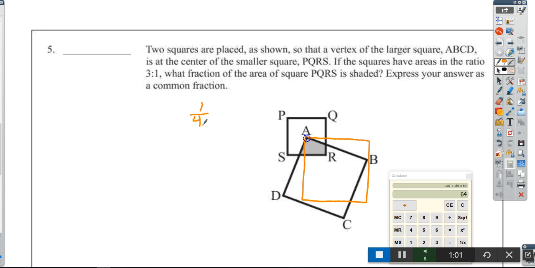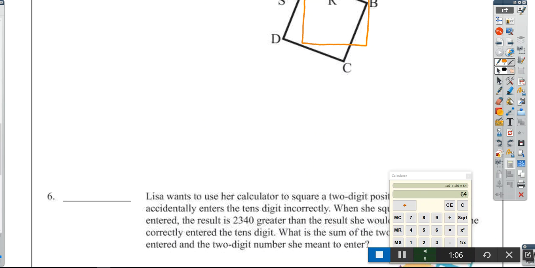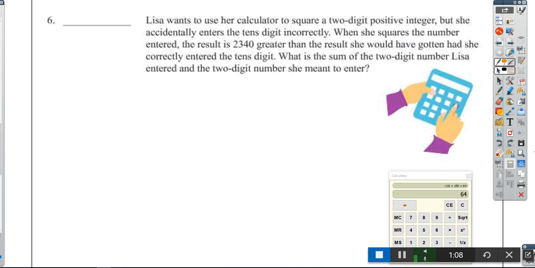Now, if one problem is super short, that's telling you that this problem is going to be a beast. What I would really like to do is create an equation. So I have 2340 equal to a number, and the number I don't type in correctly.